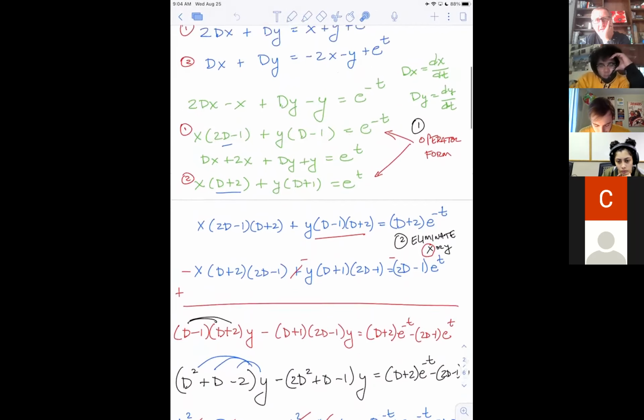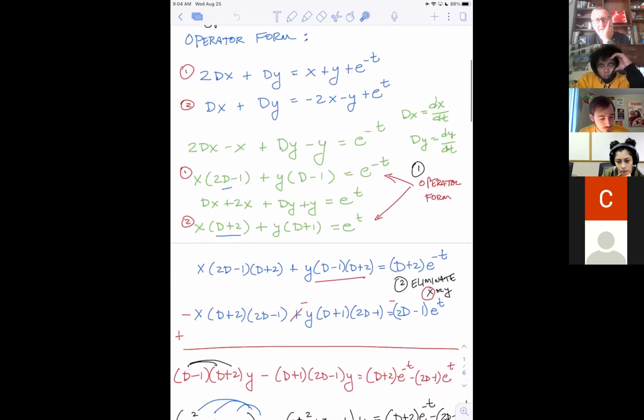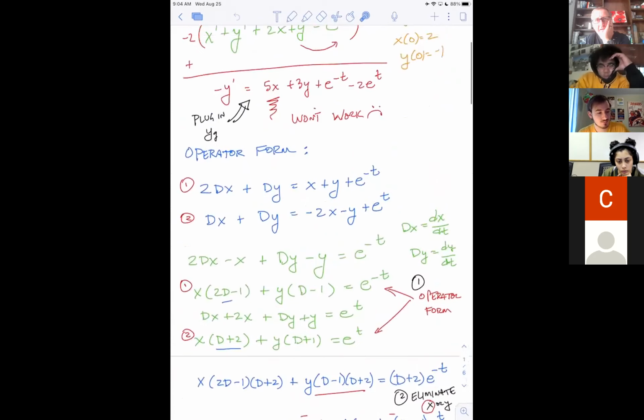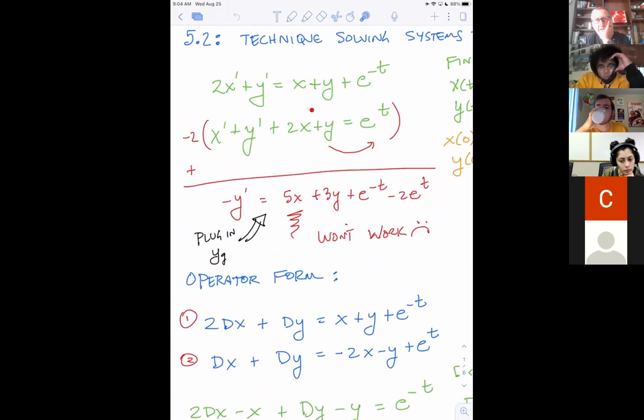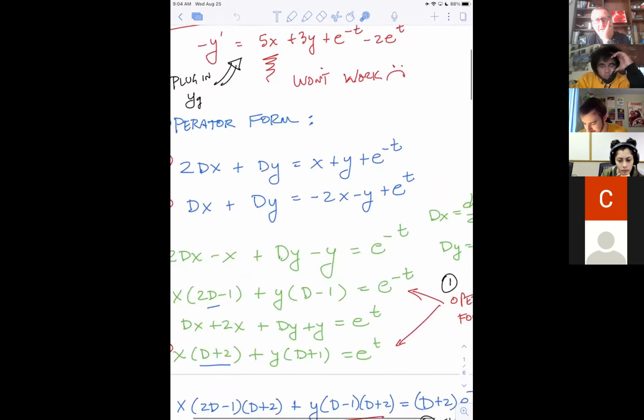That's a good rule of thumb. So when I see this original problem, I think, oh, that's the future, so I'm going to take these and move them over there. And these are already over there, so leave them there. Do that first, because that's where this is going. That's what operator form is about.